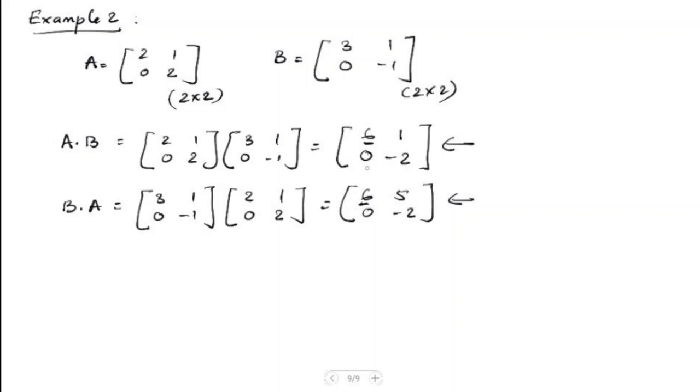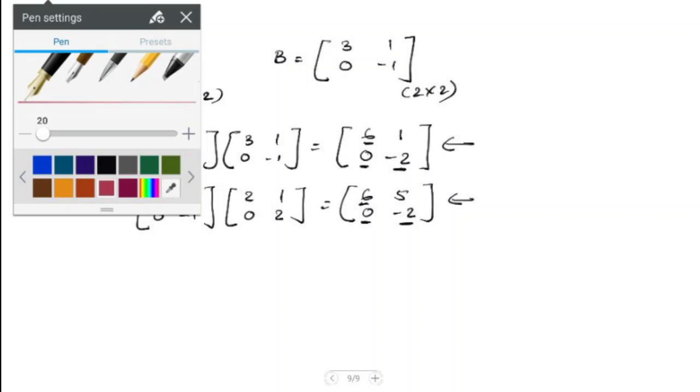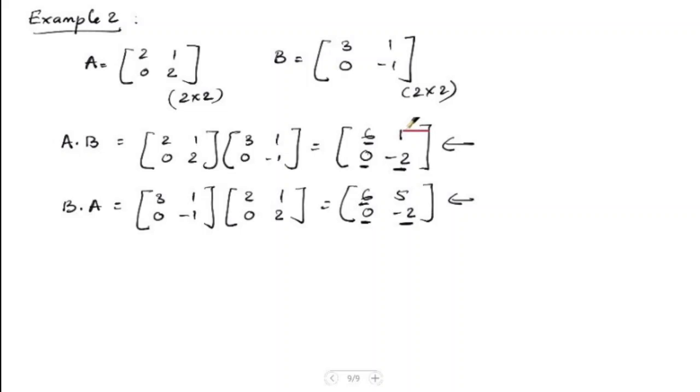And then at row 2 and column 1, both elements are the same, 0 and 0. The same goes for row 2 column 2. But there is only one element that's different, that is row 1 column 2. Only one element is different.